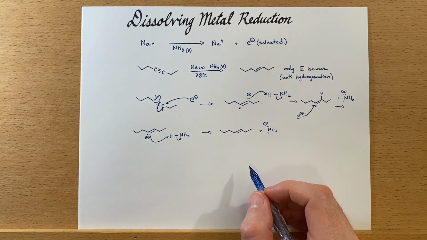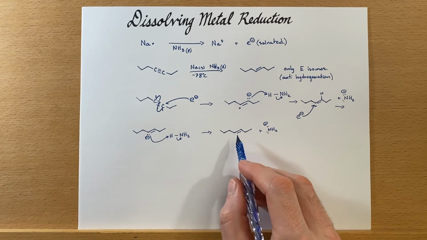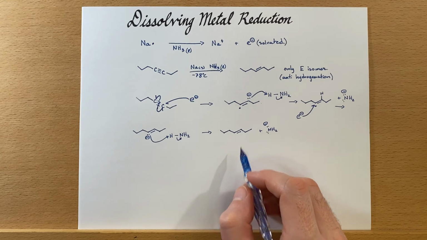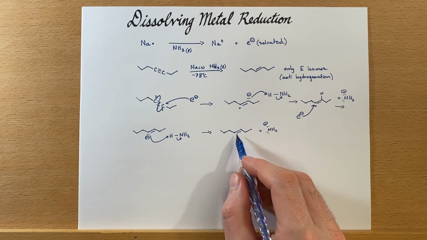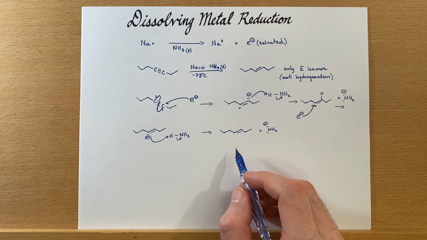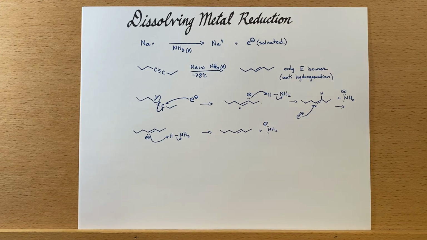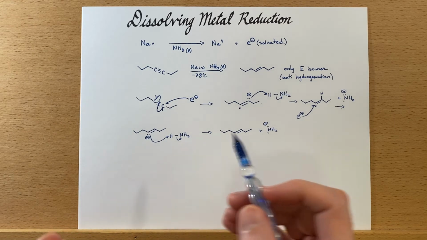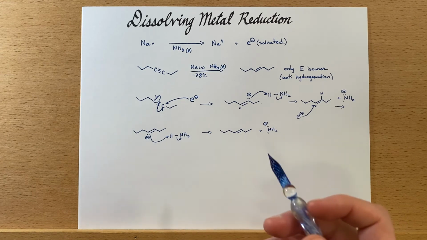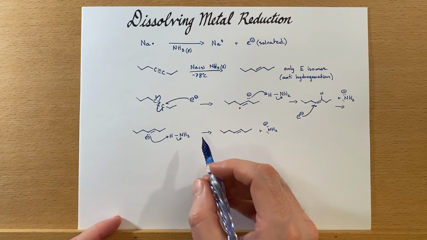Now, you might look at this and say, well, that's interesting, it did not continue to reduce the double bond here. And that is a feature of this reaction. We're able to stop at the reduction of an alkyne. It will not reduce an alkene.